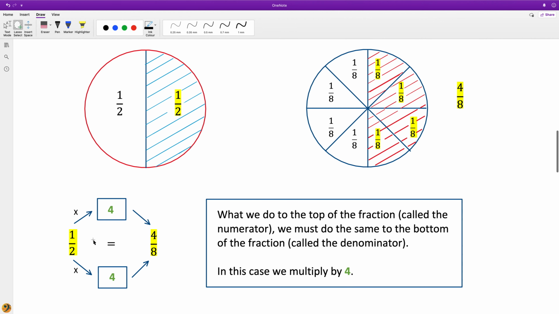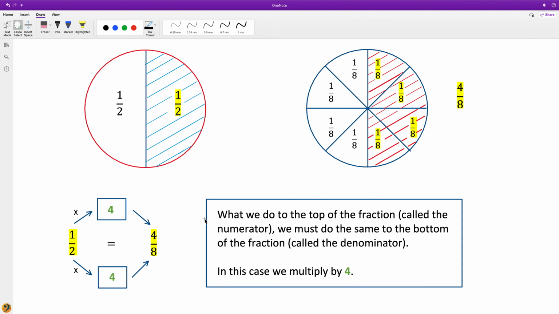And following the rule, what we do to the top of the fraction, we must do the same to the bottom. So we have 2 times 4, and that gives us 8. All right, so fairly straightforward, but that's simply how we work out equivalent fractions. Okay, so 4/8 is an equivalent fraction to 1/2 here.